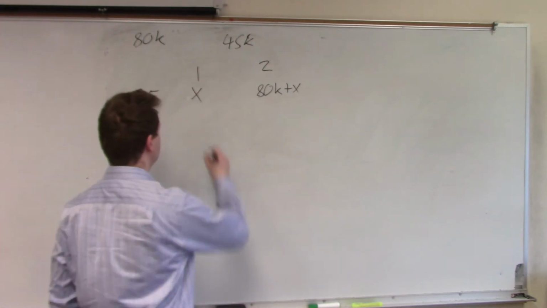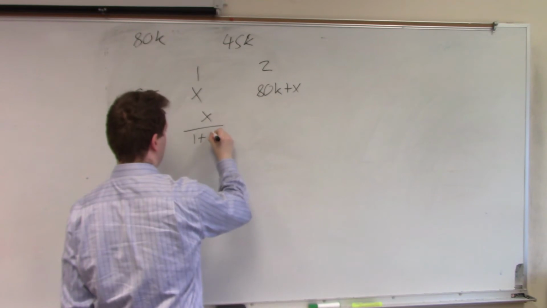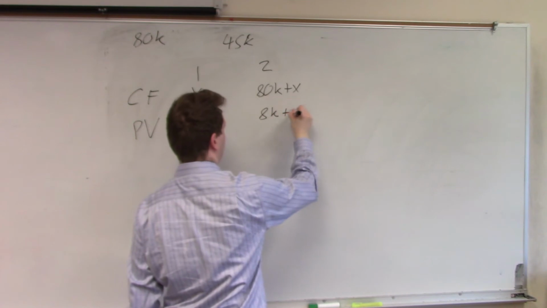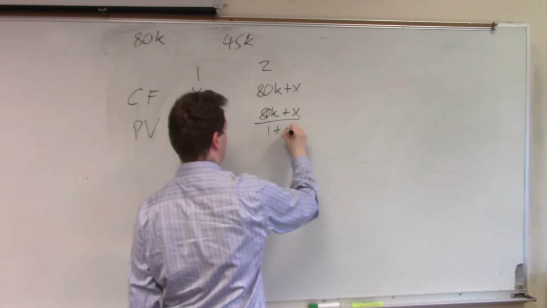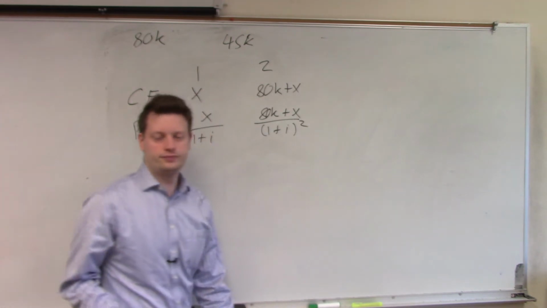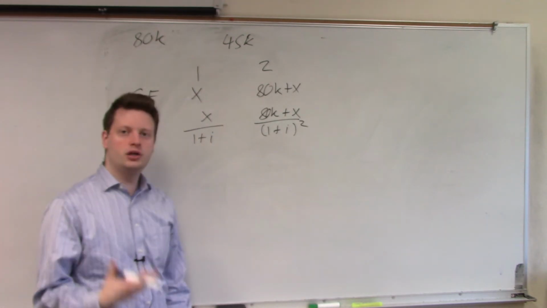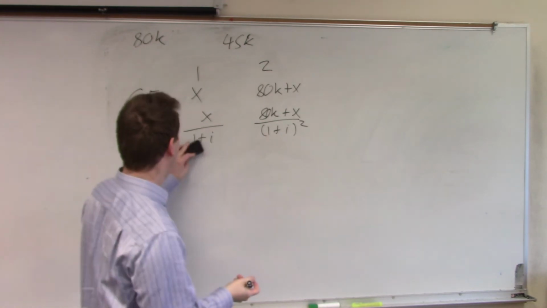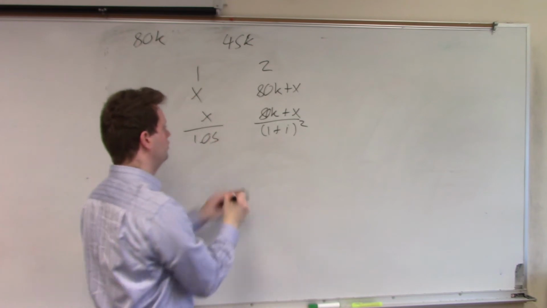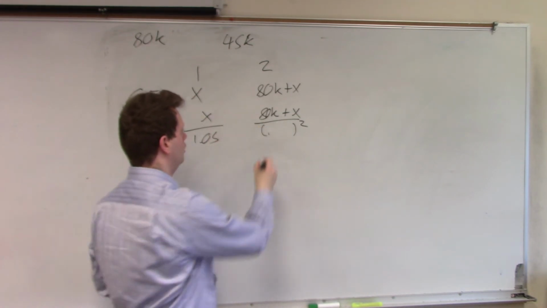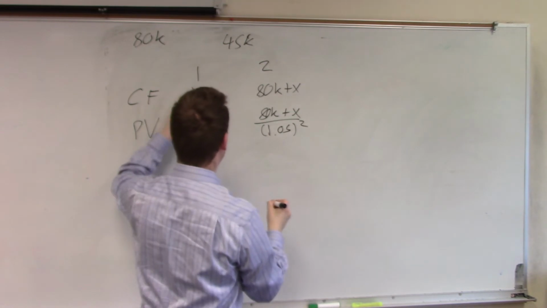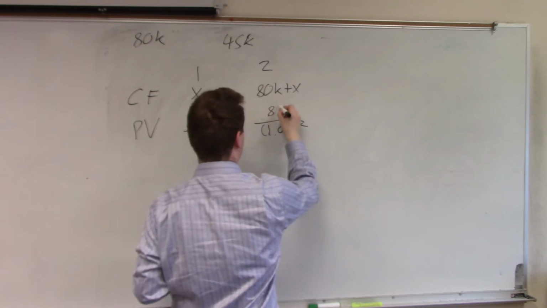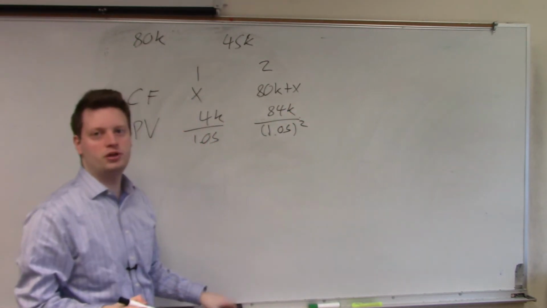What we get is X over 1 plus I for the first period, and for the second period we get 80K plus X over 1 plus I squared. Now we can plug in an interest rate, let's say 5%, so we get 1.05 and 1.05. This means the X is 4,000 and we get 84,000 in the second period we need to pay back.